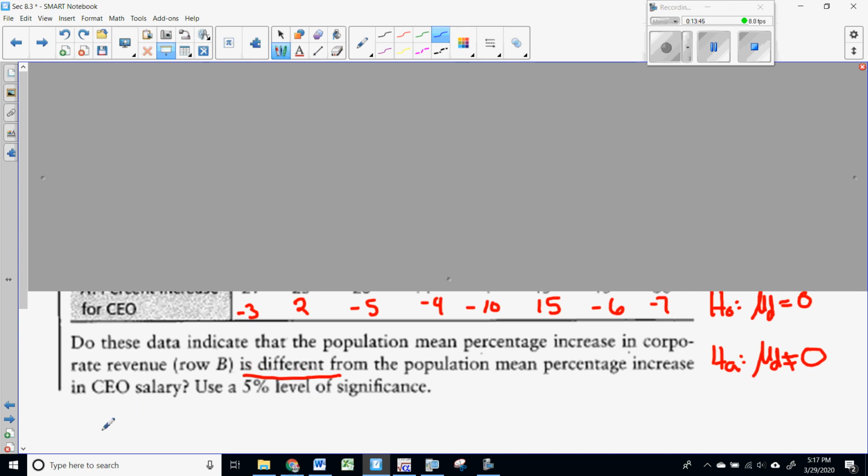And if I did that, my average of that is -2.25. You found that on your calculator or the computer. My standard deviation is 7.779. I typed these into the calculator already.